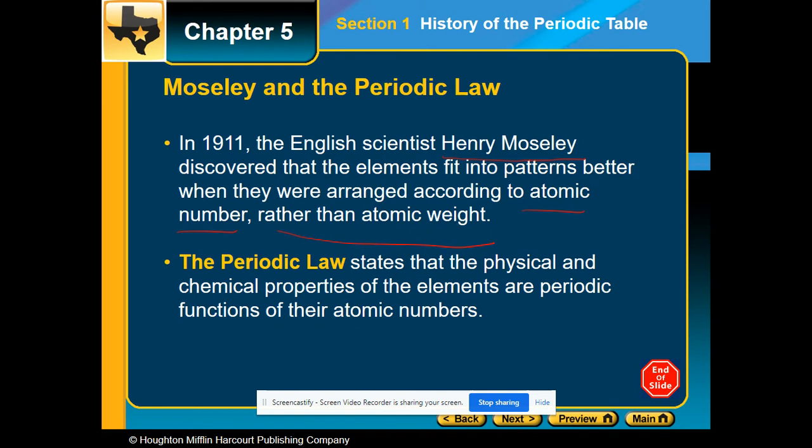Okay, so very important you know what each of those men did and how Moseley changed the periodic table to increase by atomic number instead. It ended up being a subtle change. Just a few elements got switched around, but it did help alleviate those few discrepancies that it had.